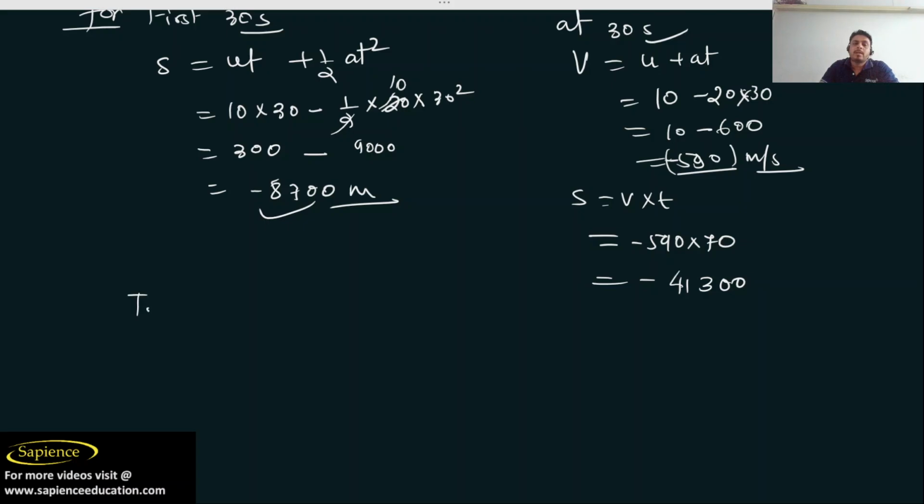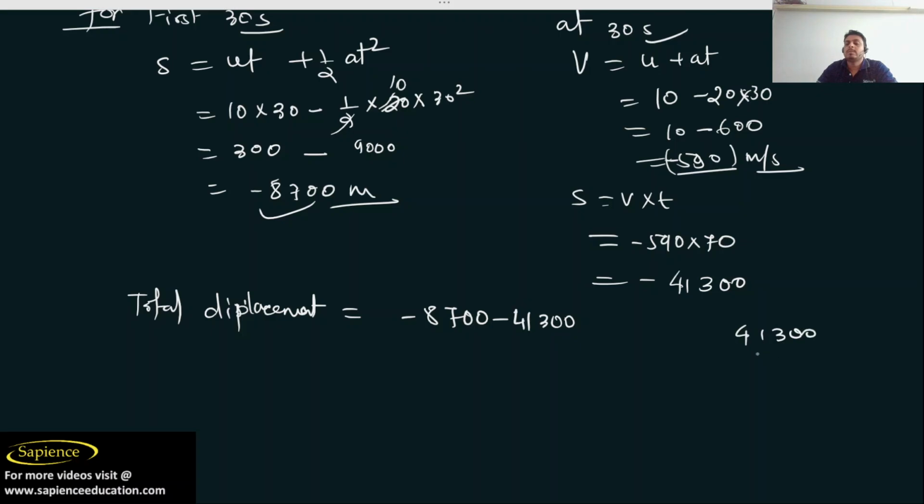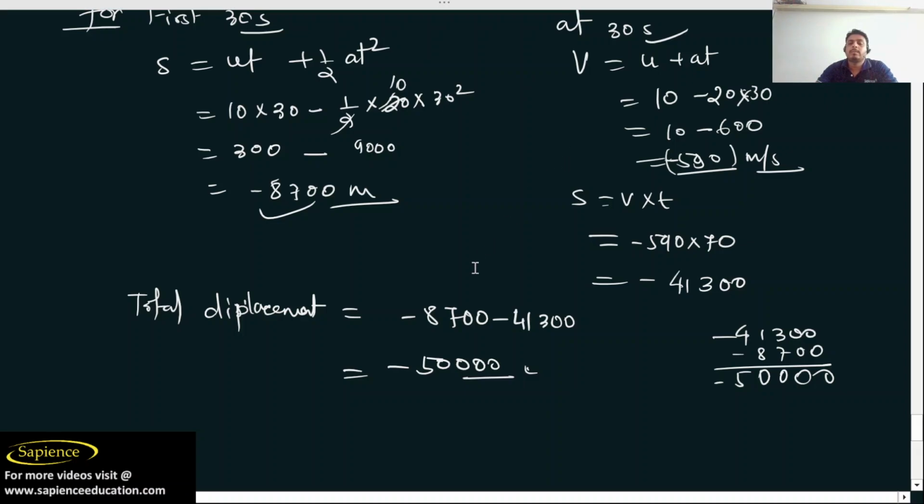So total displacement, we can say, will be equal to minus 8700 minus 41,300. So minus both are there, so we should add, and it is minus 50,000. Its position will be minus 50,000. I hope you all have understood this.